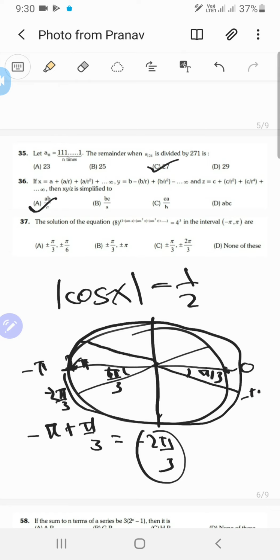This is minus pi by 3. This point is corresponding to minus pi by 3. This is minus 2 pi by 3. Then you move pi by 3 up, so you get plus pi by 3, and then you eventually get pi minus pi by 3, which is 2 pi by 3. So yes, plus minus 2 pi by 3 and plus minus pi by 3, that should be our answer. So C is the correct answer.